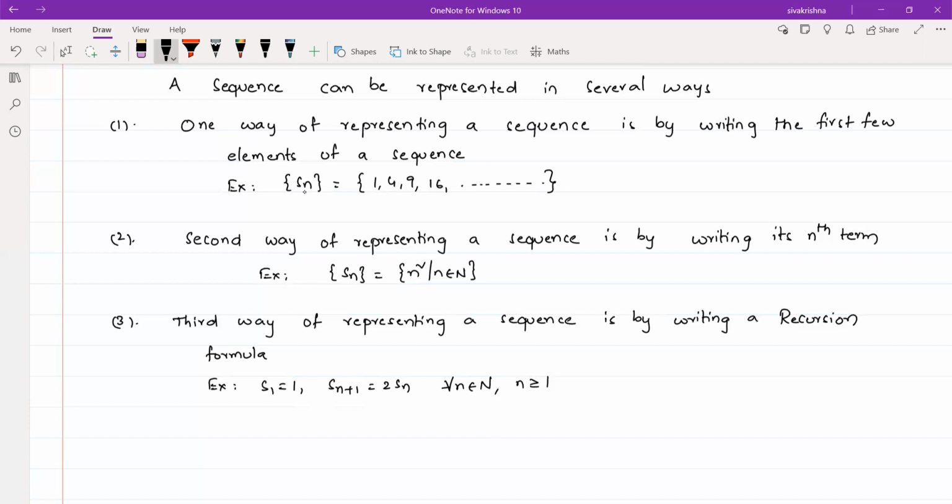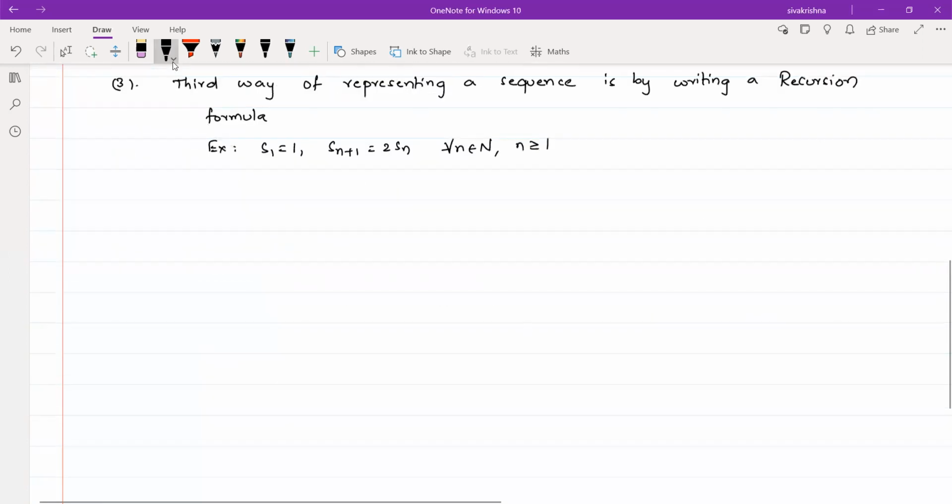Coming to the next definition, that is the range of a sequence.